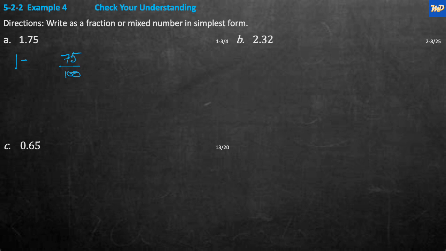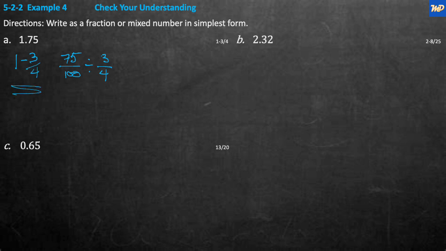Case closed, except this can be reduced. How does it get reduced? We can divide each side, the top and the bottom, by 25. If we divide the top by 25, we get 3, and the bottom, the denominator, by 25, we get 4. So our answer here is 1 and 3/4.